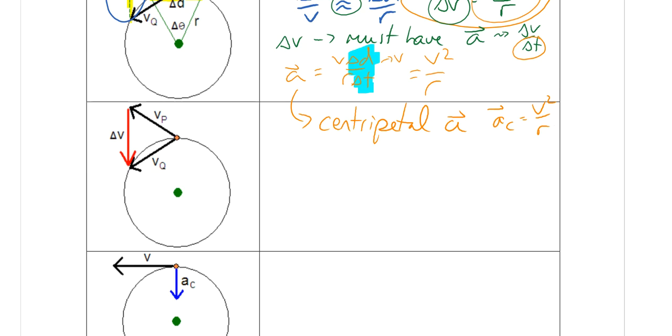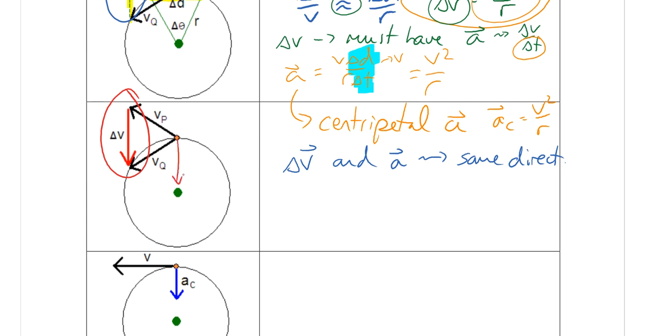So even in the classic stuff you guys have done, if you've got a change in velocity and you have acceleration, these two things have to have the exact same direction no matter what. And if I go back to my picture, my change in v is pointing straight down between the two. If I take this vector and move it to where the actual object is, it would be over there.